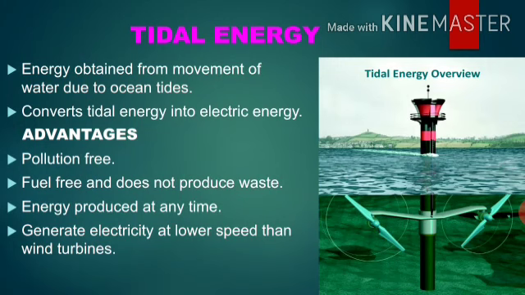Already we know tides are the rise and fall of sea levels, caused by the combined effects of gravitational forces. The tidal stream is a fast flowing body of water created by tides. In tidal energy, the turbines are placed in the tidal stream.